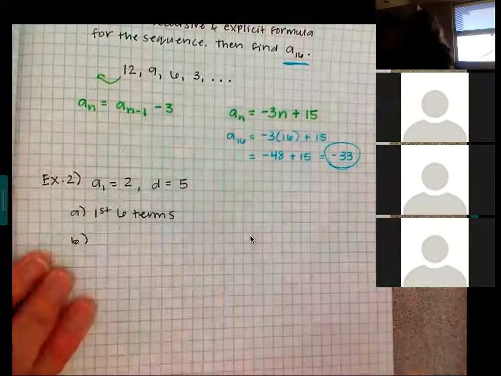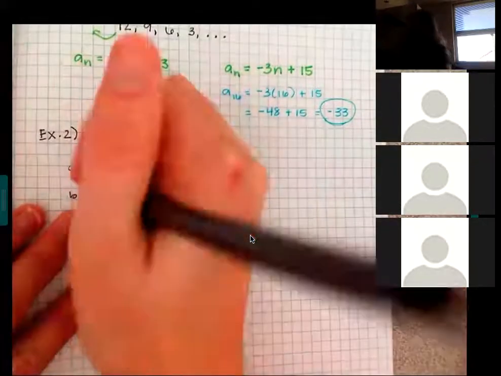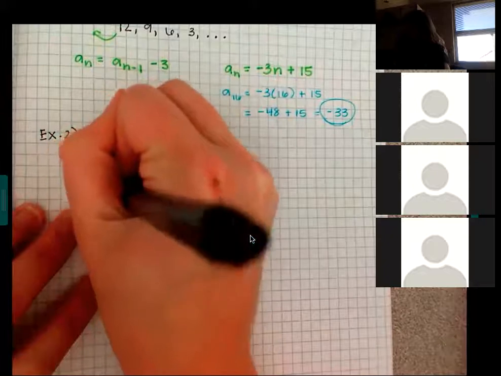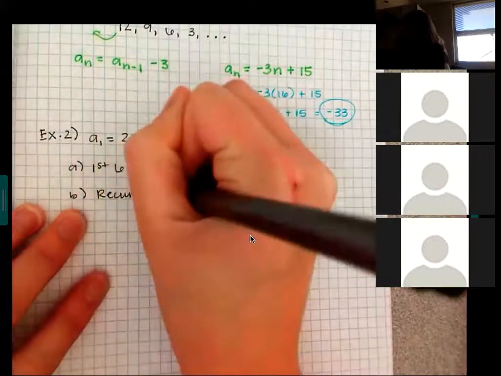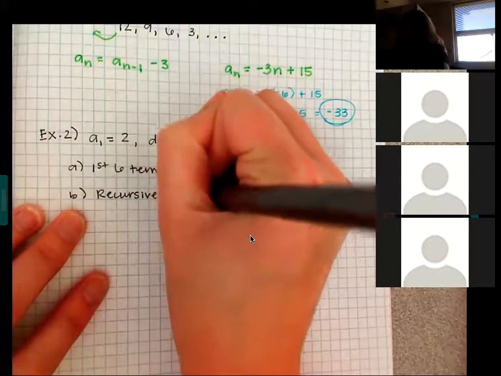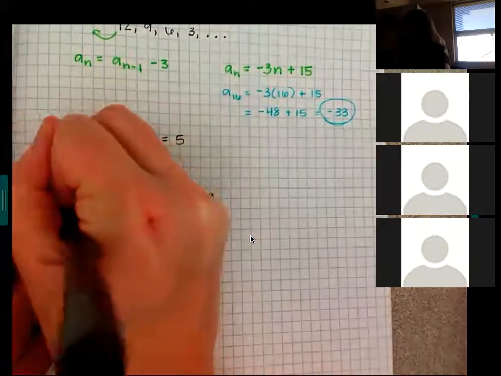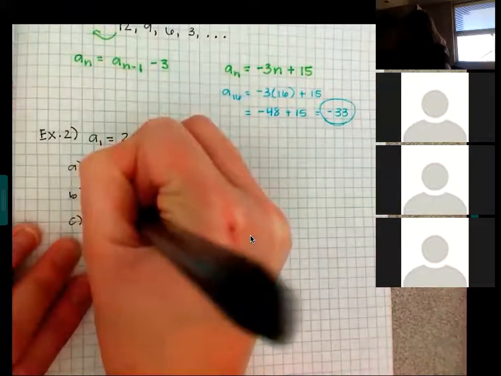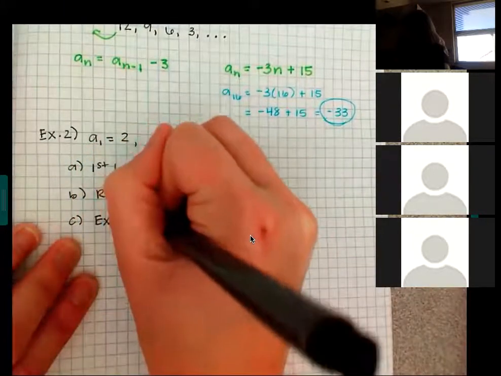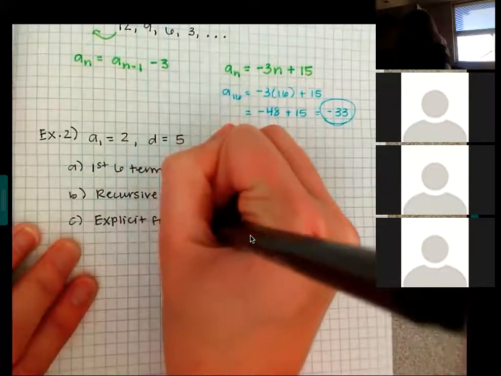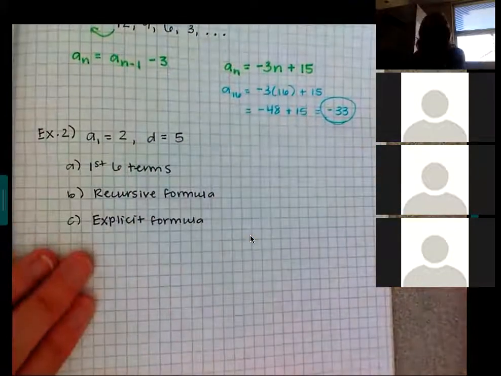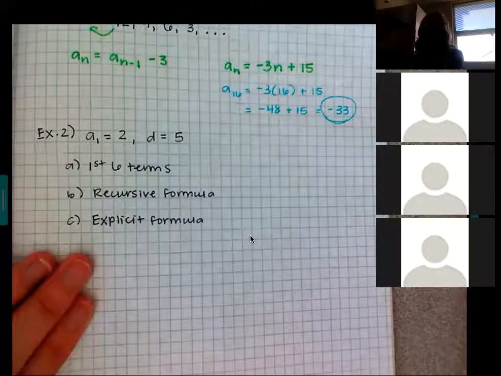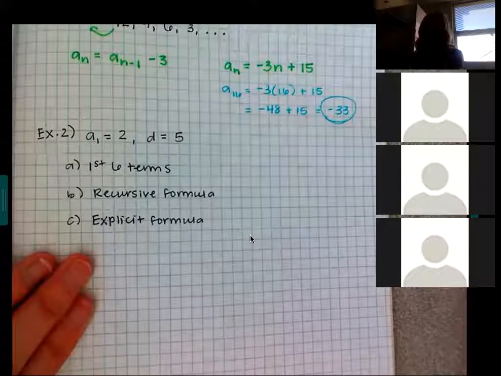Then I want you to tell me a recursive formula for this sequence. And then I want you to tell me an explicit one. A1 is what you start with. Good, Ross.